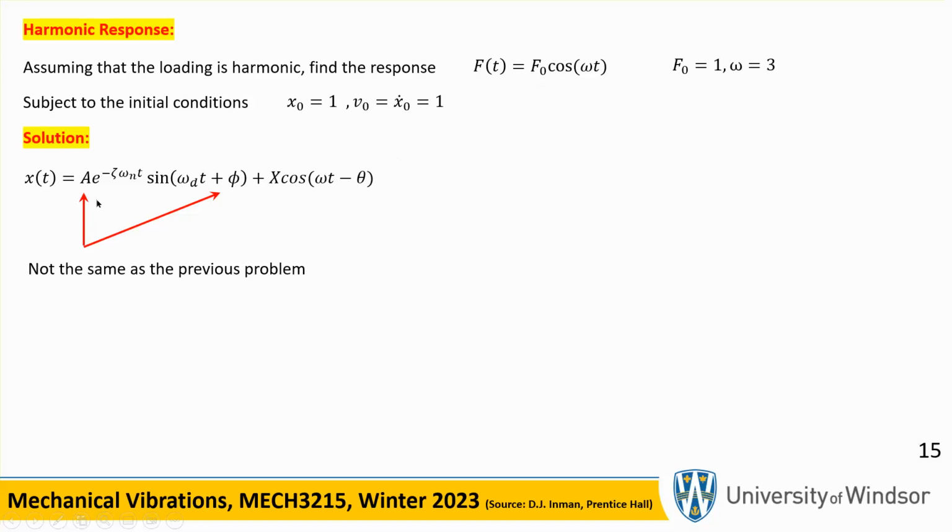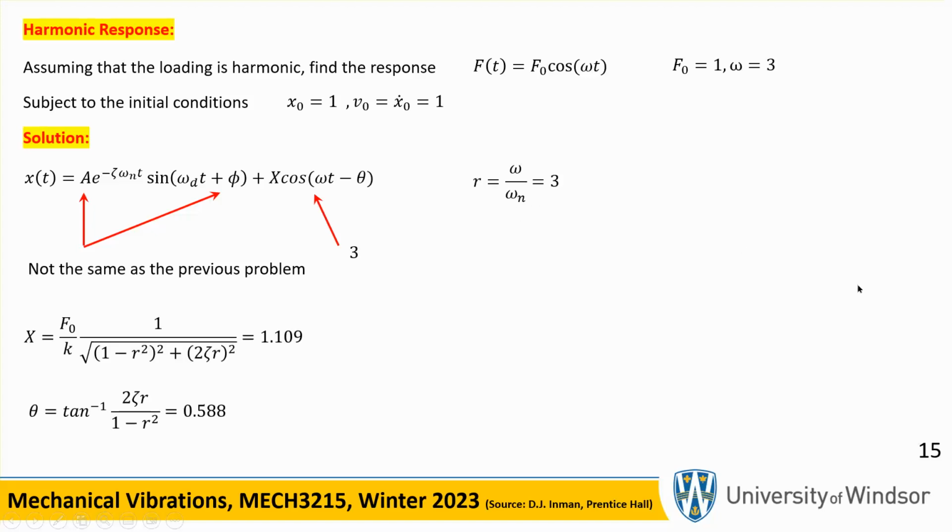Whenever you have a forced vibration, you just literally have to hammer it out and find out what A and phi are. I'm not going to give you any formulas here. Even if there are some, it is possible to cook them up, but I suggest you don't do that, okay? So let's see now, and this is 3, of course. So R is the frequency ratio, omega, which is 3.